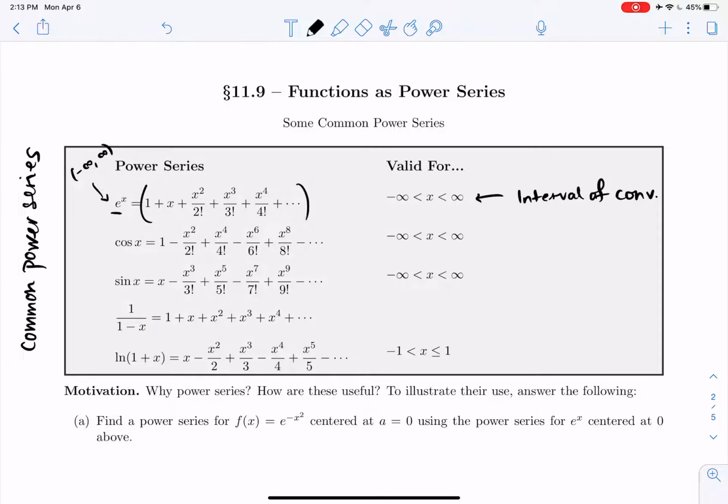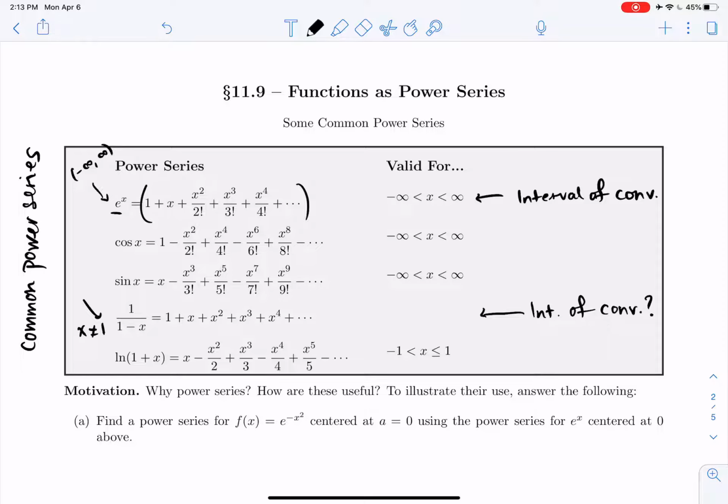That doesn't have to happen. Here's another example. Here, this function, its domain is all real numbers except for at x equals 1, right? The interval of convergence for this function, what would that have to be?